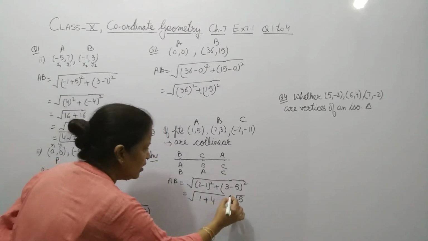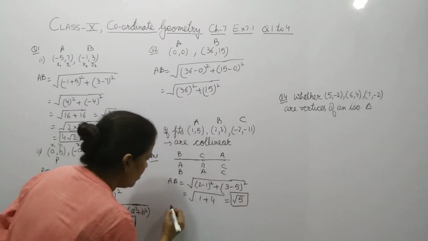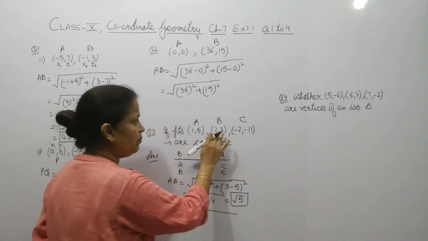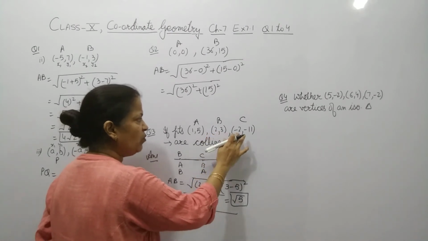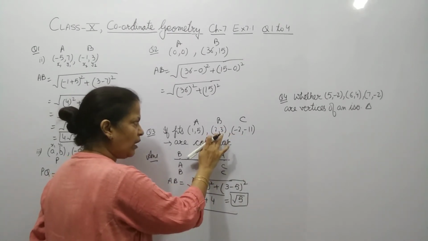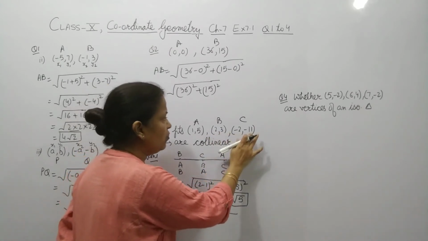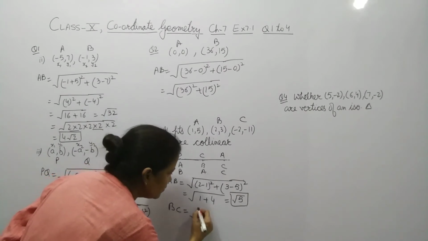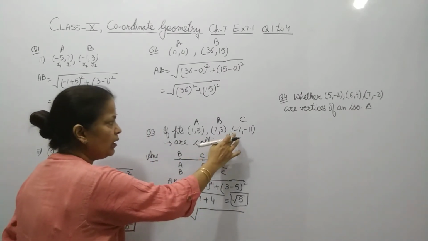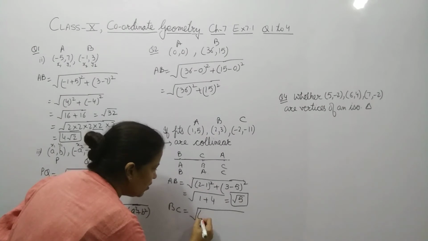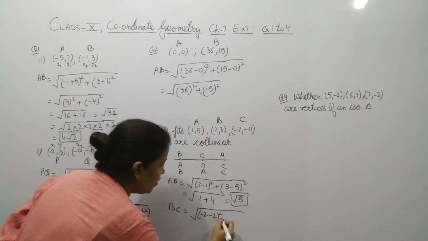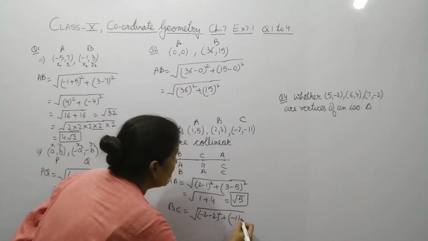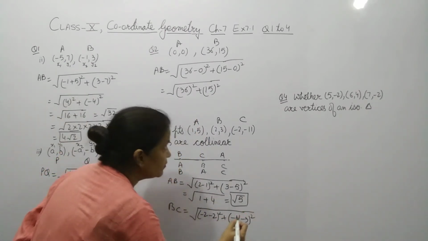Let's go for the next distance BC. Again we will take in BC x1, y1, x2, y2. So apply the same concept here. क्या होगा, x2 minus x1, minus 2 minus 2 whole square plus y2 minus y1, so minus 11 minus 3 whole square.